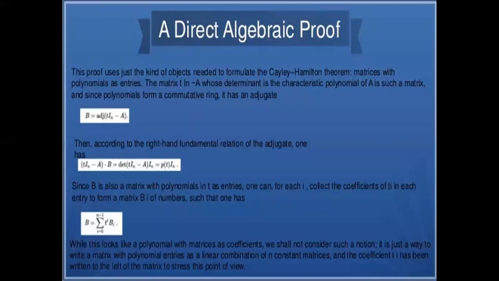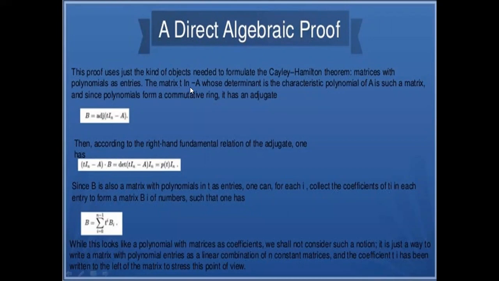The next topic is a direct algebraic proof to support this theorem. Moving on to this topic, this proof uses just the kind of objects needed to formulate the Cayley-Hamilton theorem: matrices with polynomials as entries.